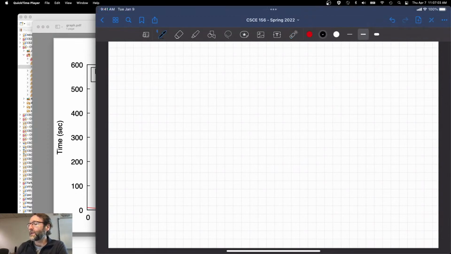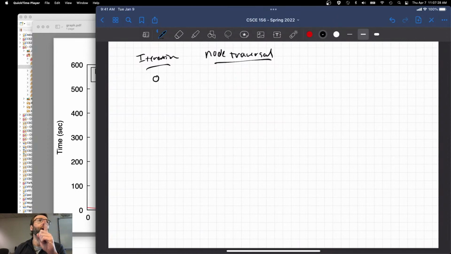Now, think about this as being a linked list, okay? On each iteration, you are doing some sort of work, right? The work that we're doing for a linked list is starting at the beginning and going to the ith element. So our work here is going to be a node traversal. Now, on the first iteration, when i is 0, do we have to traverse any nodes to get to the first element?